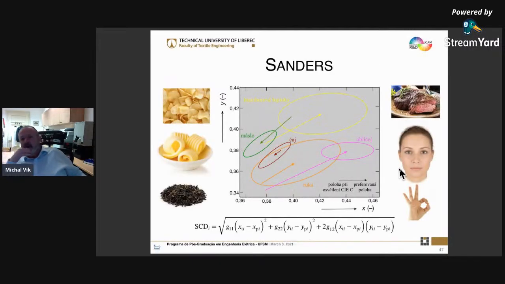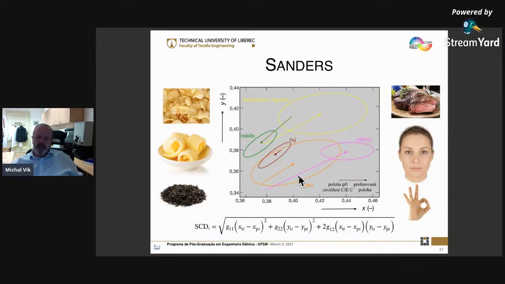Based on that, in the 60s, Sanders developed his own index, which was called SCD, and this index was based on the measurement of color preference or color shift of 6 different products: chips, butter, tea, meat, I'm sorry, human skin, and also the color of the skin of our hands.